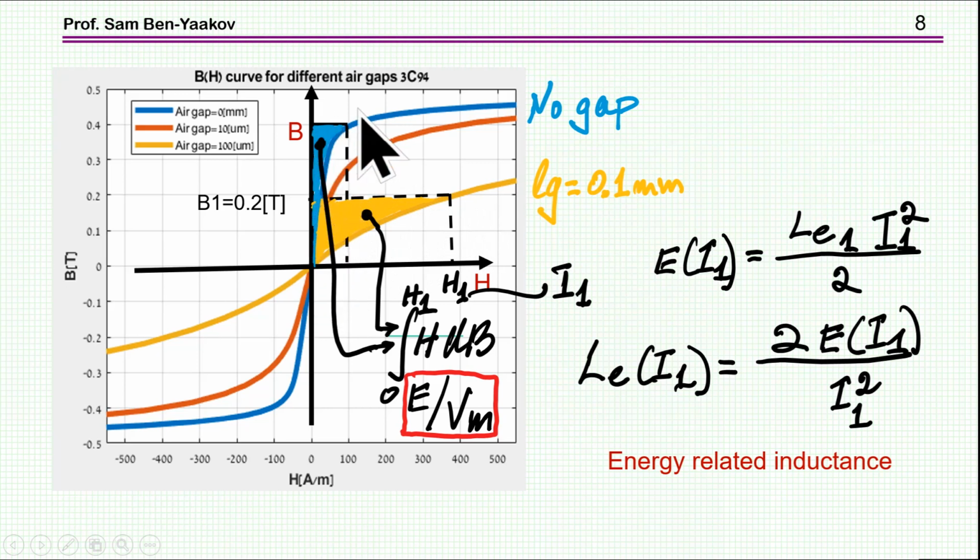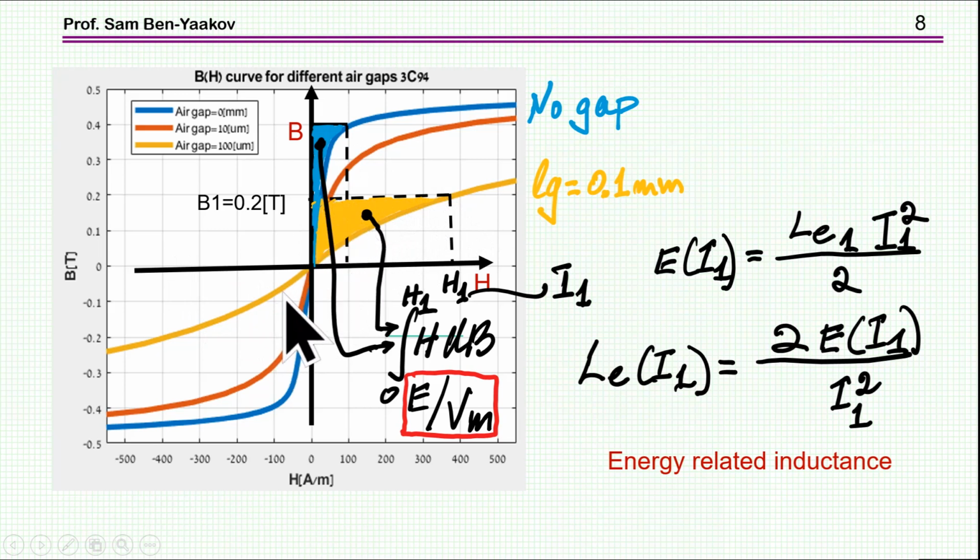If you know the BH curve, which you have to know anyhow to get the permeability as a function of H or I, you just have to calculate this area up to this current, and this will be the energy. This area is energy per volume, so if you multiply it by the volume, this is the energy you get in the inductor.